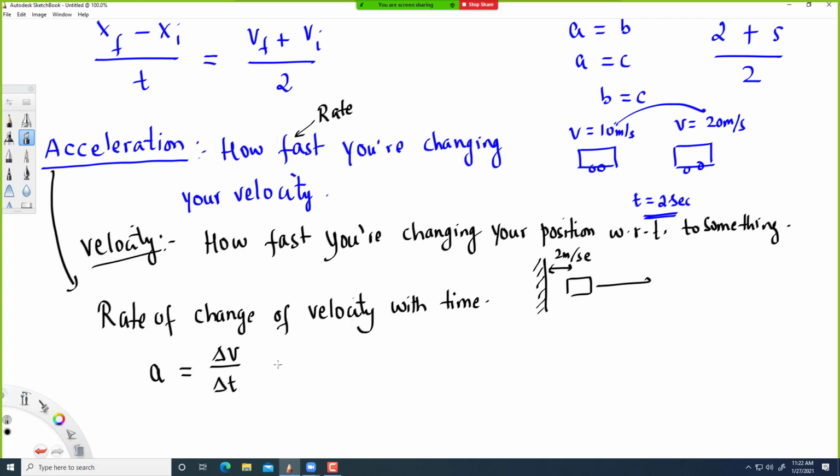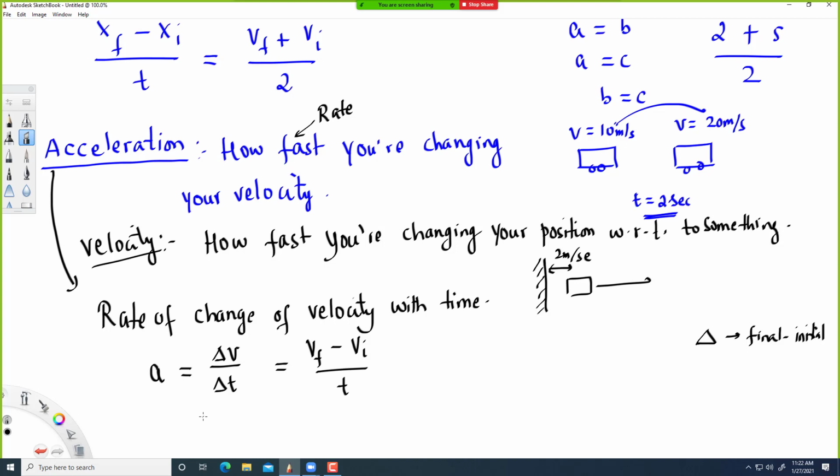Whenever you see change, it's final minus initial. So the change is final velocity, let's call that v sub f, minus v sub i, over delta t. Again, you don't need to write delta t, you can just write t because initial time is 0. So we defined acceleration.